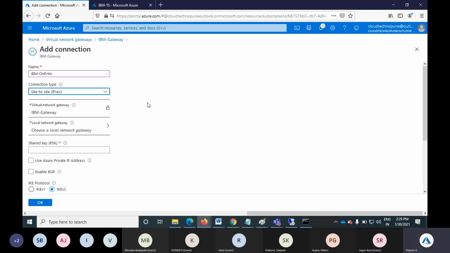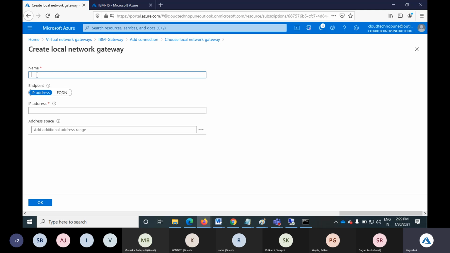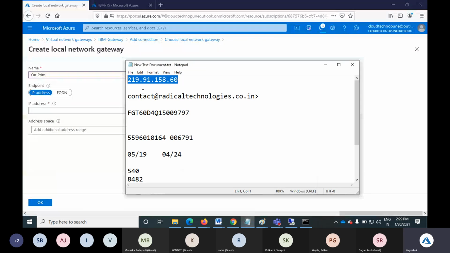Site to site. So local network gateway. Again, that HP details not required. I'm going to create a new local gateway, which is on-prem. What is the IP address?